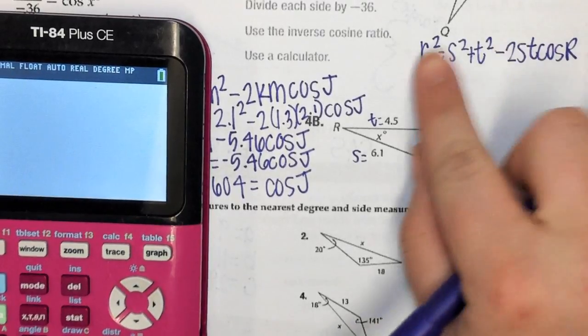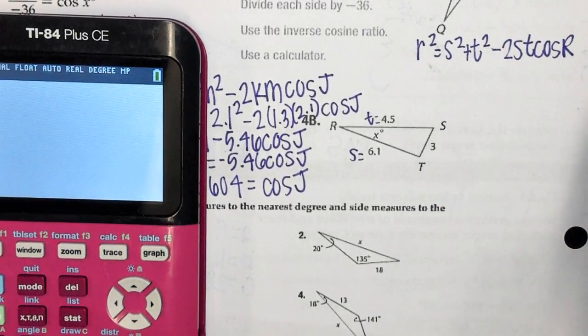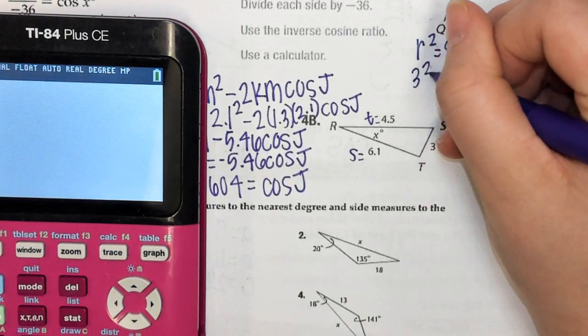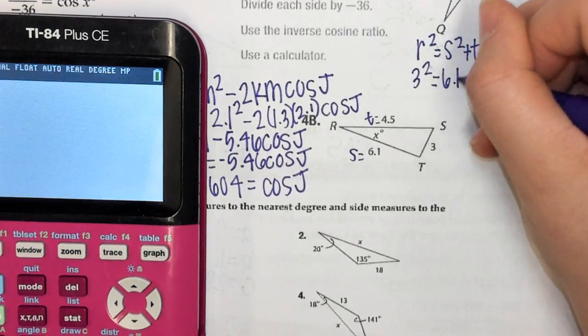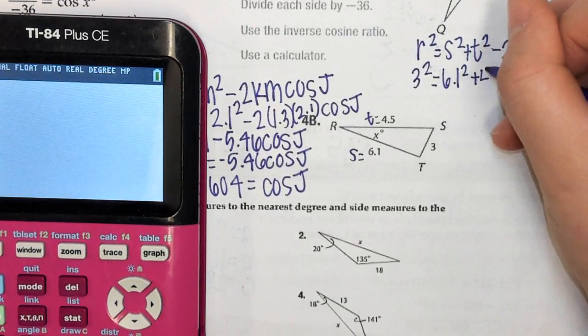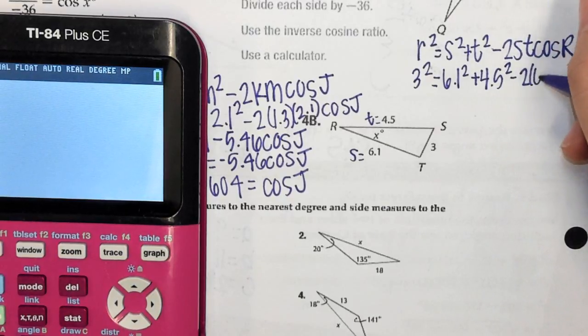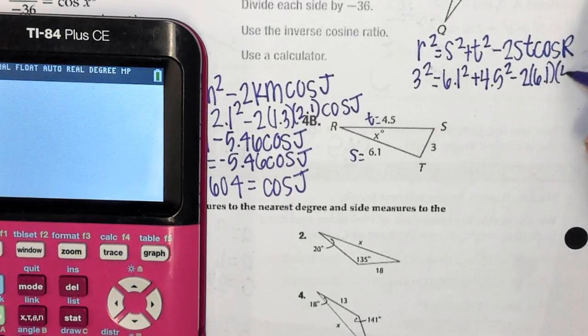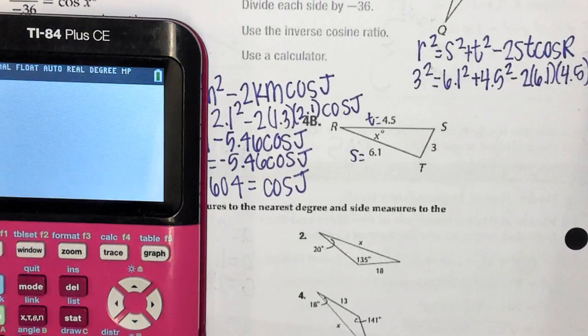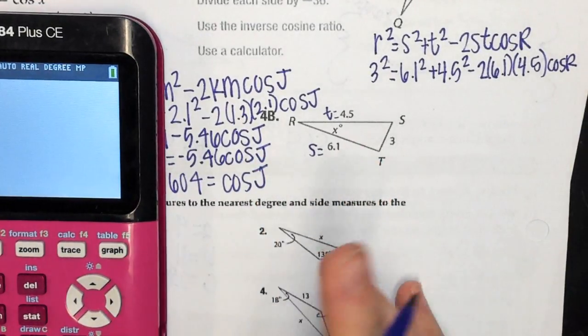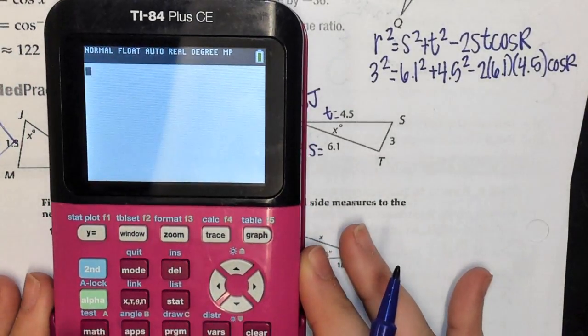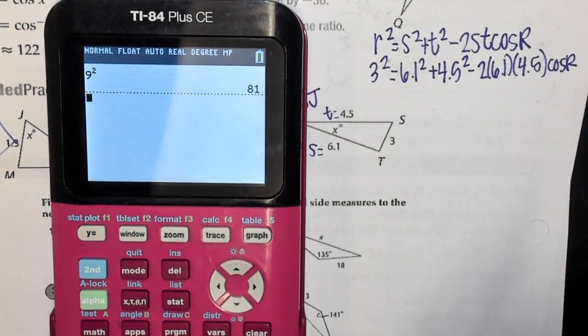Do you see how we're kind of making our own law of cosines every time, depending on what letters we have? Okay, R squared is 3 squared, 6.1 squared, 4.5 squared, minus 2, 6.1, 4.5 cosine of R. Clean it up.